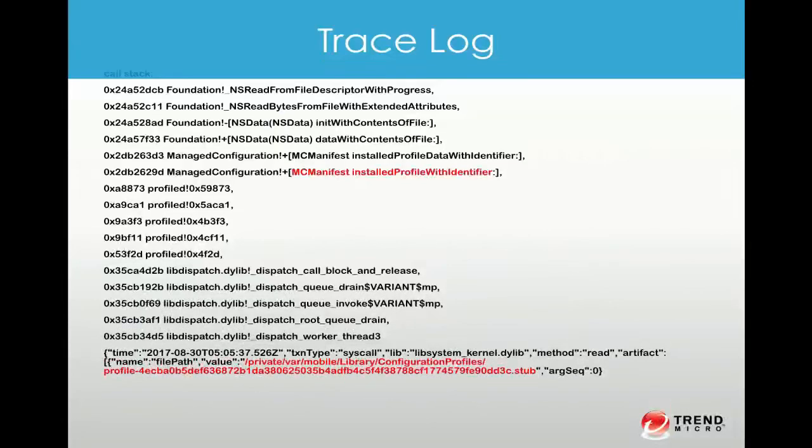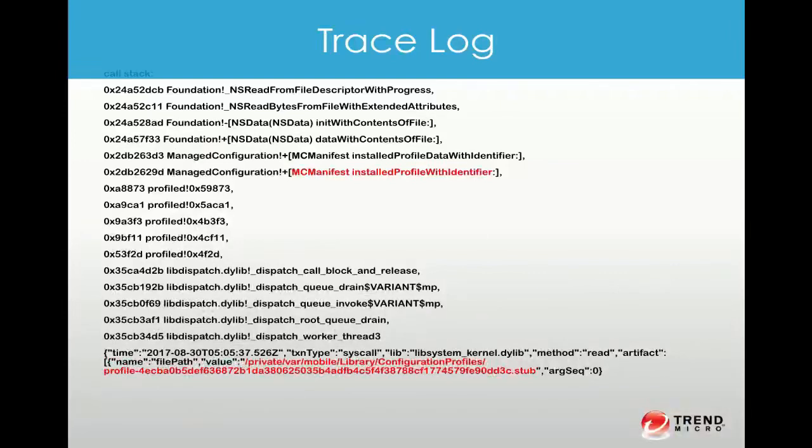And we will give you the picture of the trace log in detail. You can see that all this trace log is collected from the FRIDA server using our hooking system. For example, we hook the file system read or write API, and this is the whole call stack with the parameters, involving different kinds of frameworks and modules.